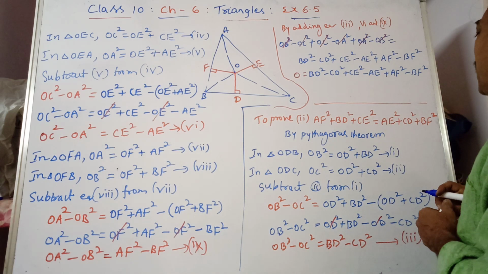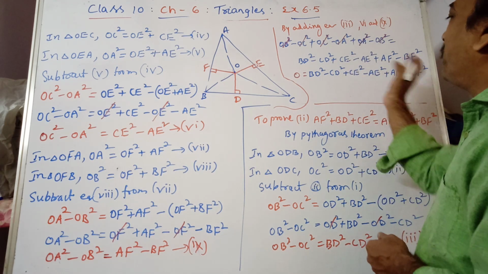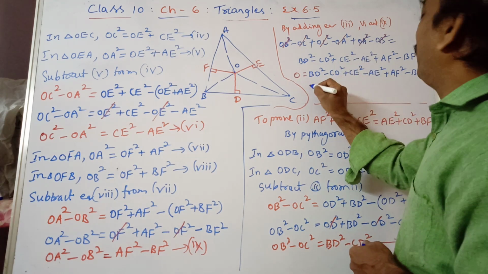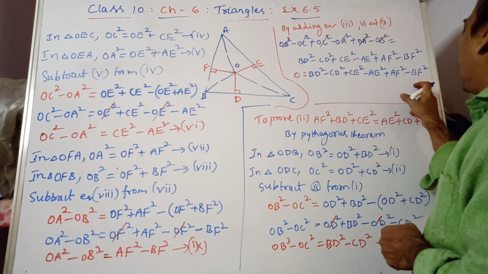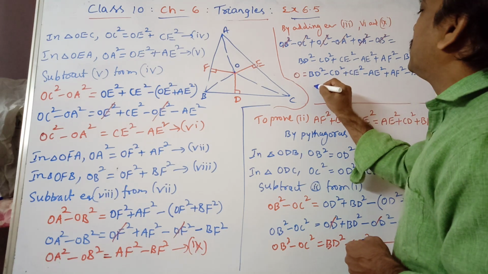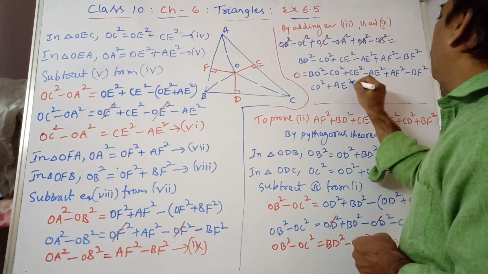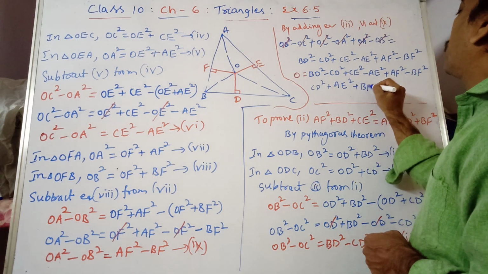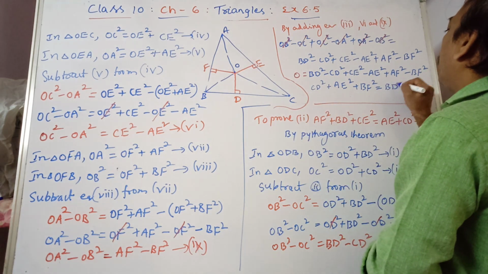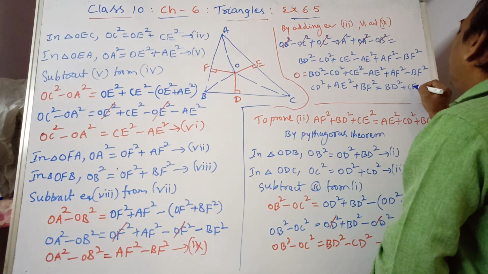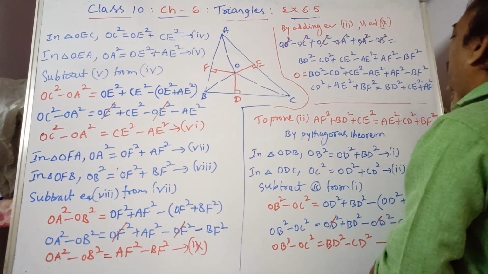So whichever terms are having minus, transpose them towards the LHS. Transposing, it will become CD square, and transposing this one as plus, CD square plus AE square plus BF square is equal to this. Now we have BD square plus CE square plus AF square.